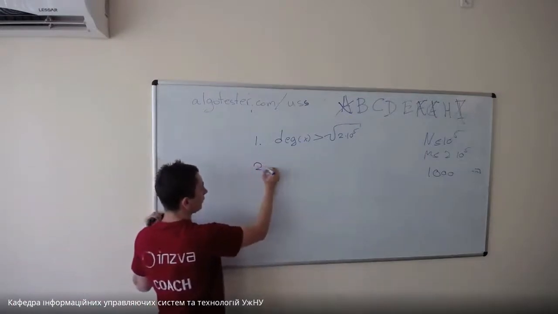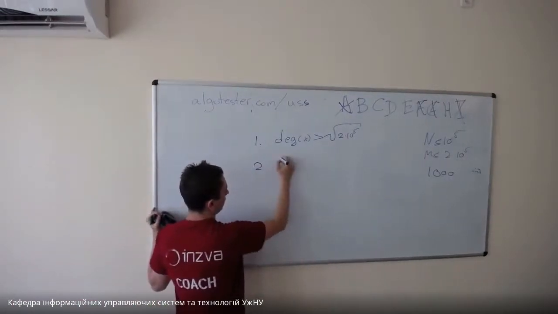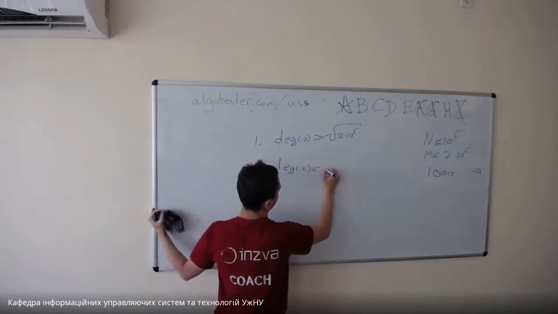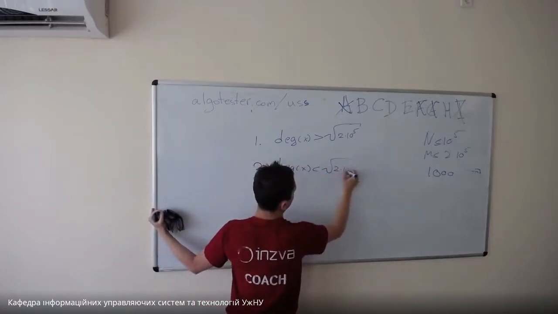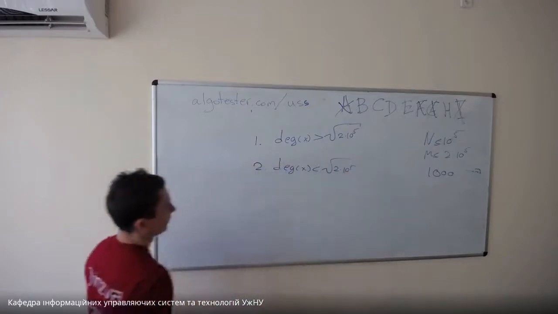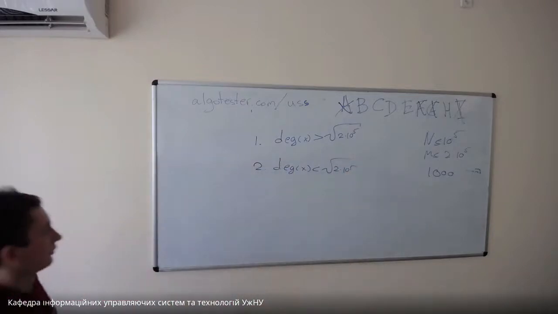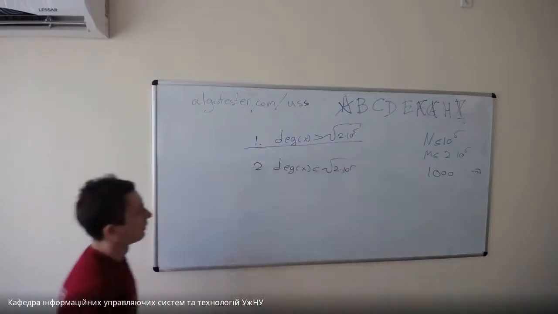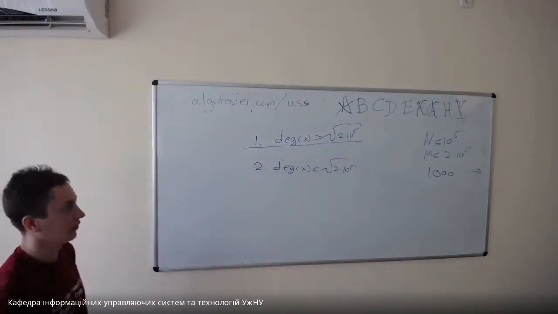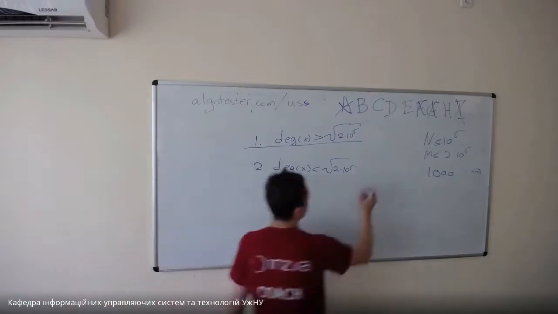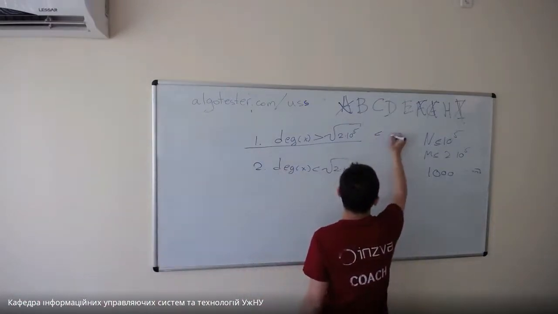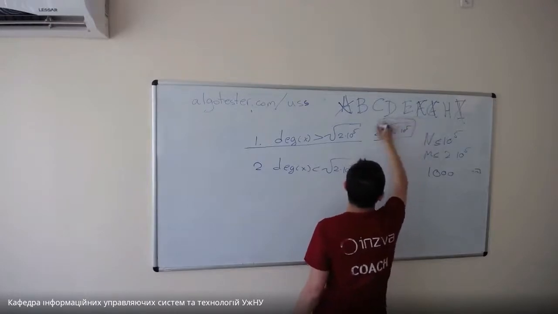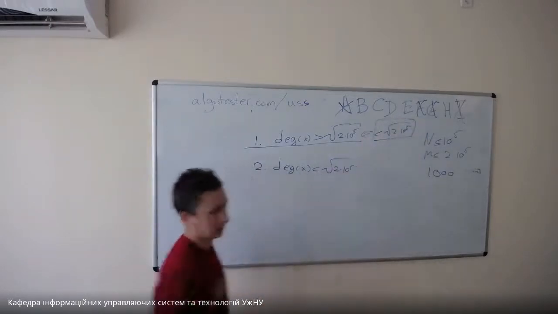And the second one are the rest, the ones that have degree less than square root of 2 times 10 to the 5th. For the first category, we know that there are less than square root of 2 times 10 to the 5th vertices of the first category.